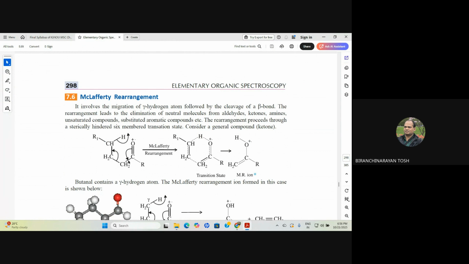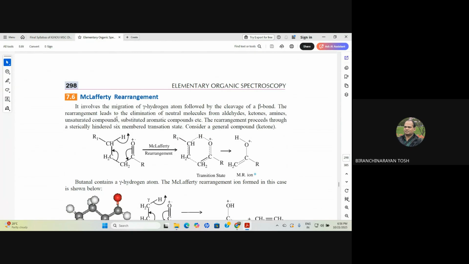A CH2 double bond will be formed, so an enol will be formed, enolate. First you see there will be a cyclic rearrangement. As I already told, one hydrogen will be migrated, and in some cases you'll get the fragment. So it involves the migration of the gamma hydrogen atom followed by cleavage of the beta bond.